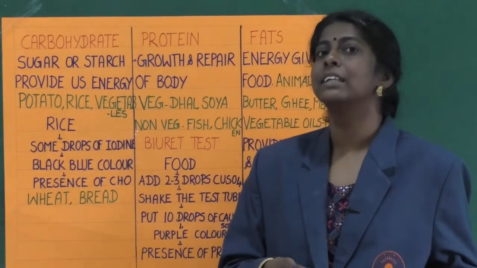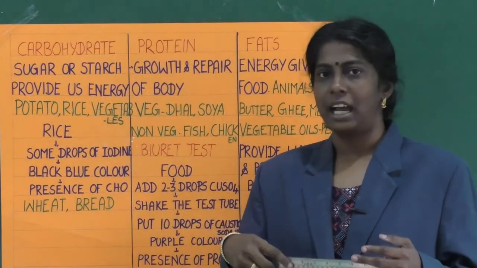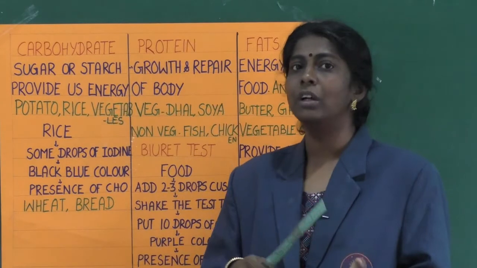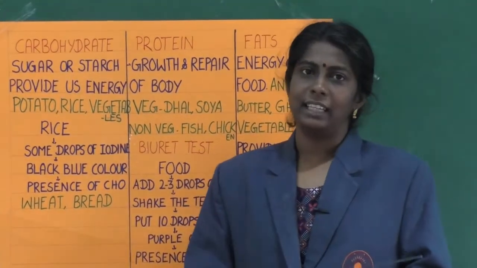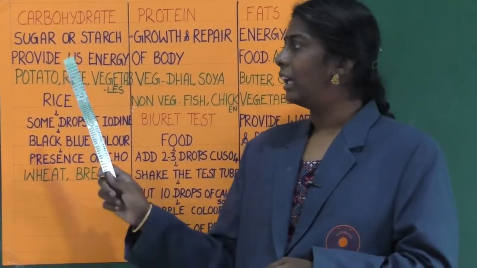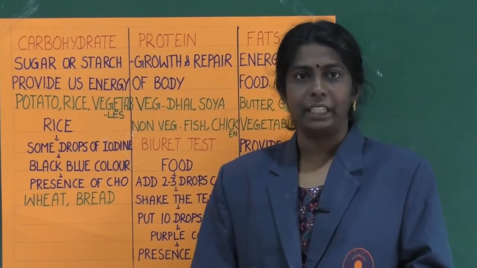Simple carbohydrate is termed sugar, and complex is said to be starch. Both are different forms of carbohydrate, and they provide us energy. They are basically energy providers. It is there in rice, wheat, potato, bread and so on.